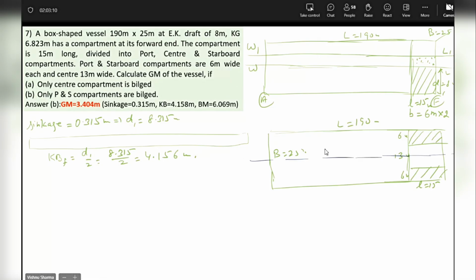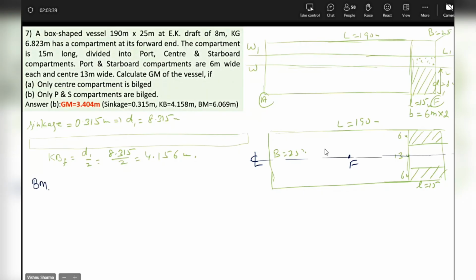Is it the geometric center of the intact water plane? Yes. Why? Because the intact water plane is symmetrical about the center line. So I'm sure you'll agree center of flotation will be somewhere on the center line. Do you agree or anybody has a doubt? Please let me know if there's a concern. Don't remain silent. Done, beta?